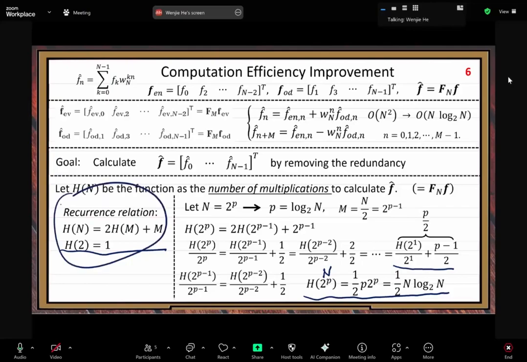We find the recurrence relation and we solve it. We can see the number of multiplications we need is this many. That's a huge improvement.